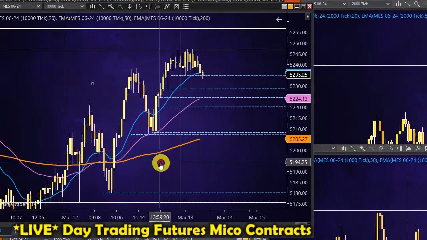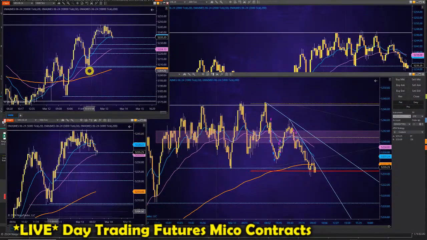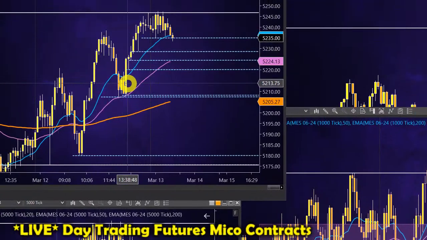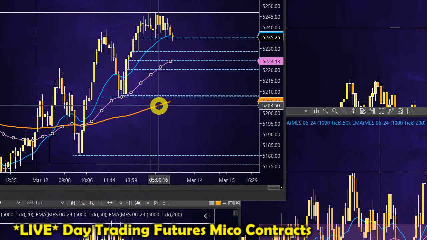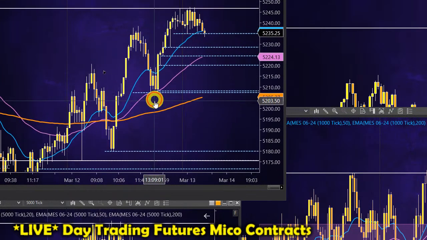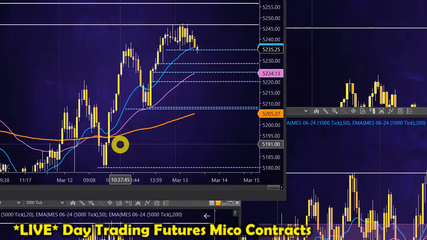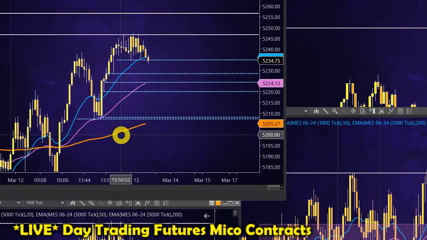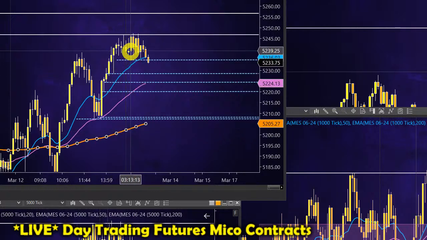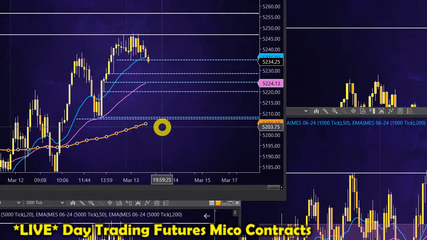If it goes down even to this pivot down here, it will be in the danger zone, the caution zone, but it will still be tradable because the 200 moving average is going up, and the moving averages, as far as I'm concerned, have not crossed under price. As long as price stays above the 200 on the 10,000 tick, we'll be looking for longs.